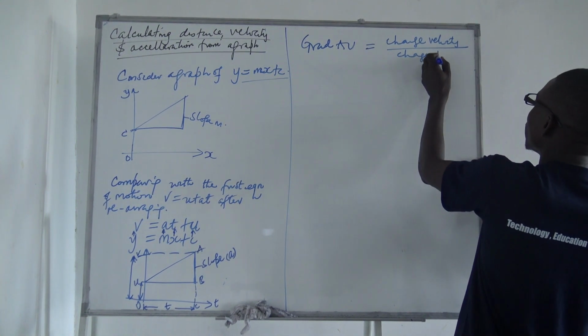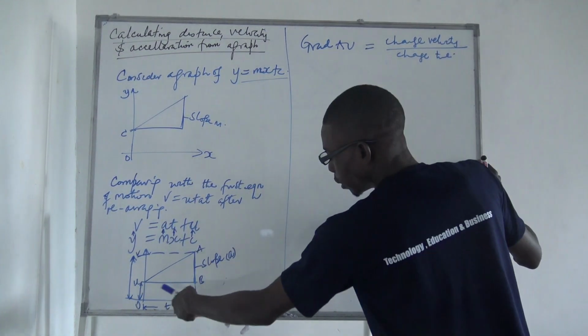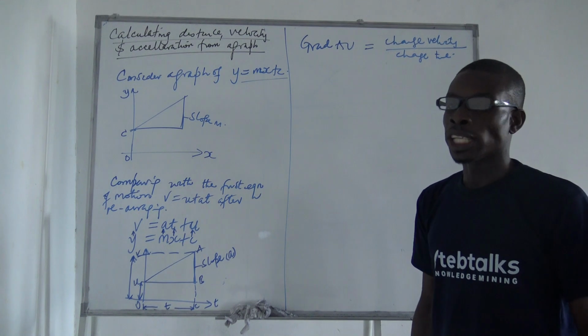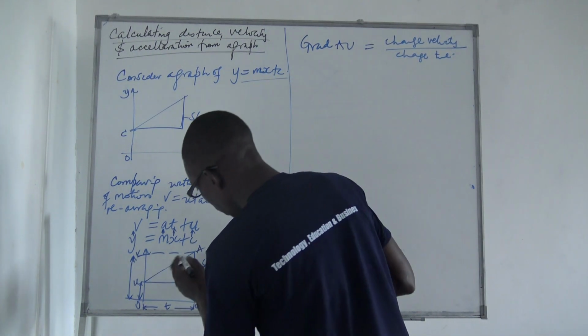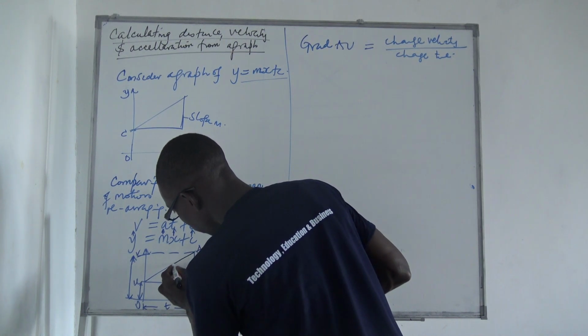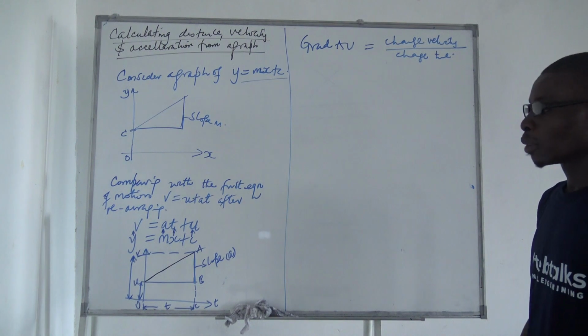Change in t. Change in what we plotted vertically against change in what we plotted horizontally. Is that okay? What is the gradient of that line?